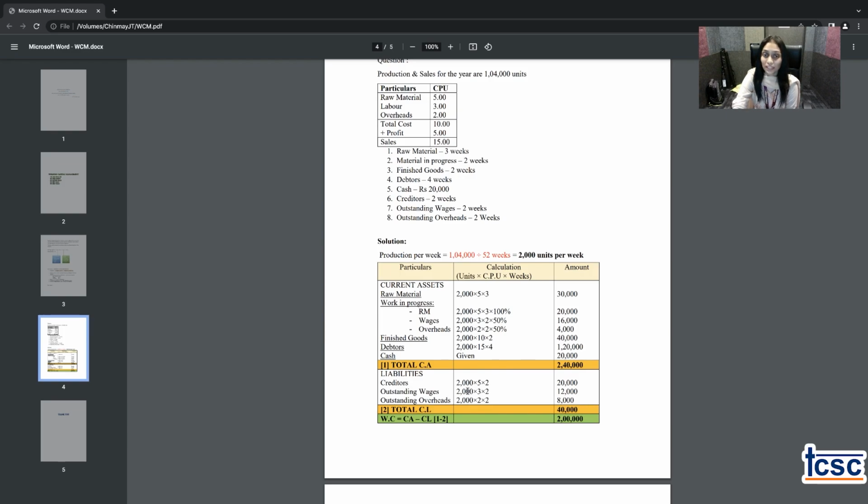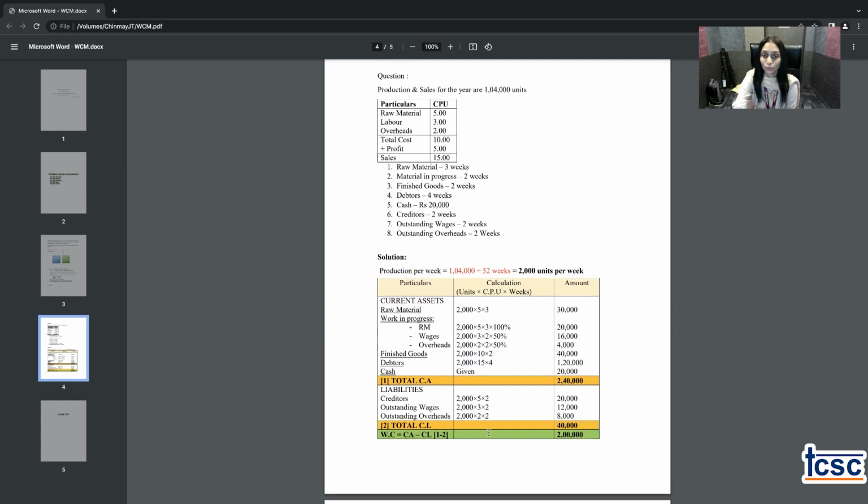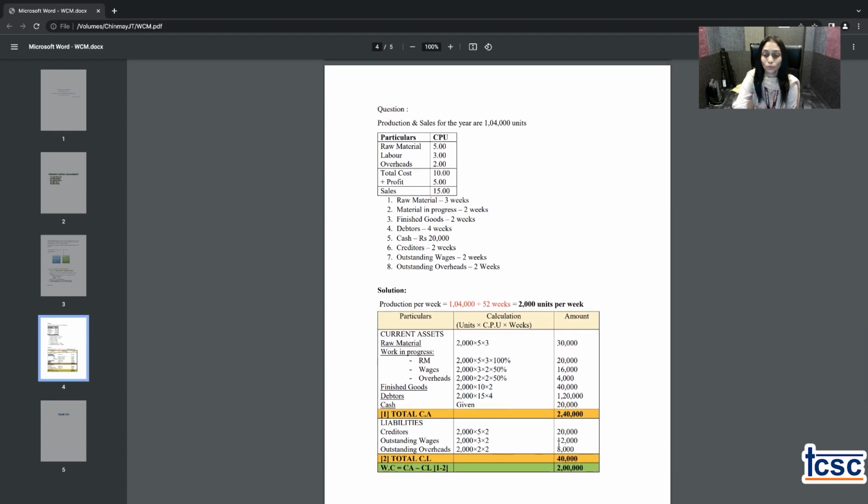Next is outstanding wages. It is again a liability, so we will include that in our current liabilities. Units 2000. If you see, labor is rupees 3, so 2000 into 3 into outstanding is for 2 weeks, so into 2 would give you 12,000. Next and the last point is outstanding overheads. Again, units 2000.